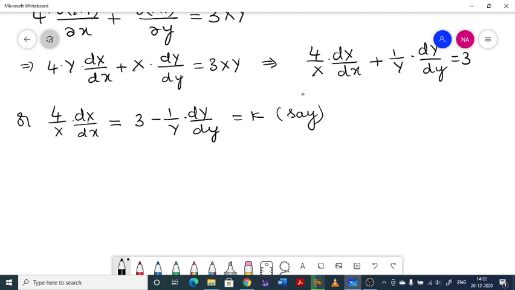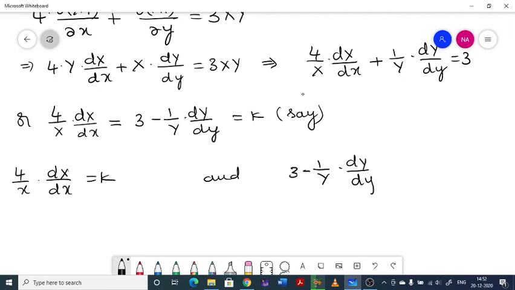Now comparing first and third and then second and third, I'll get 4 by X into d capital X by d small x equal to k on one side, and on the other side 3 minus 1 by capital Y d capital Y by d small y equal to k.